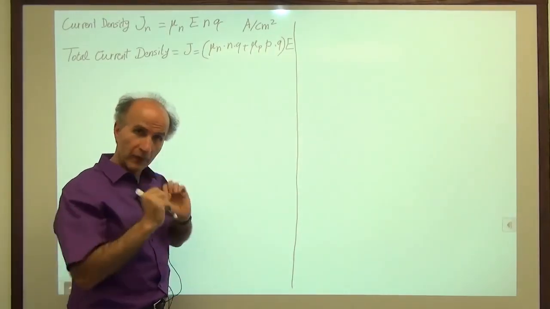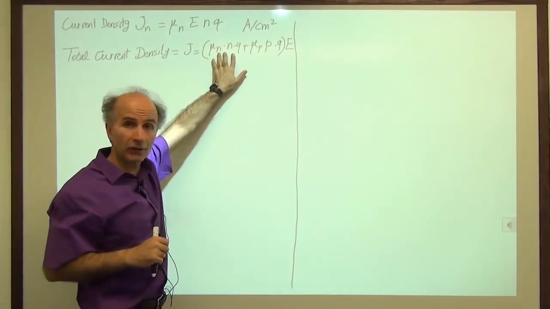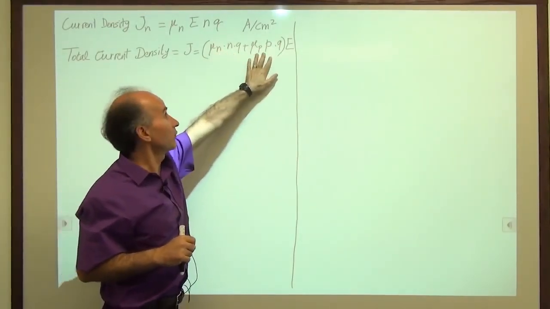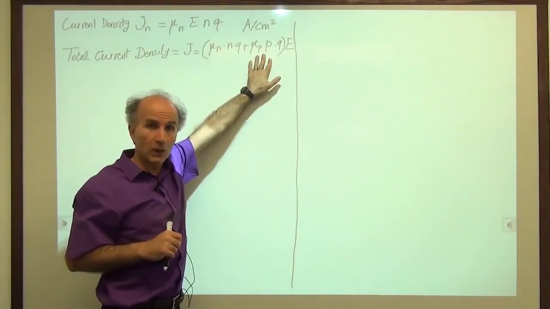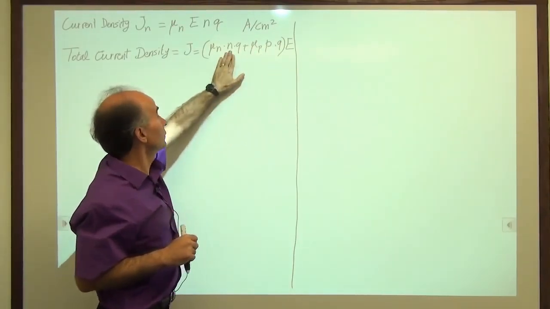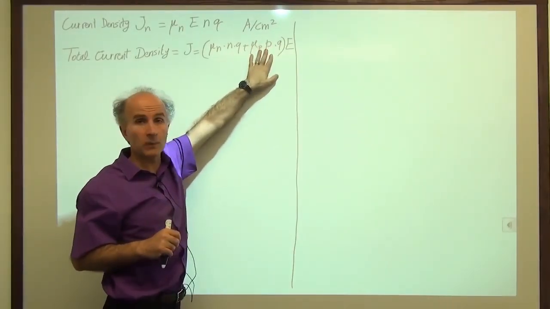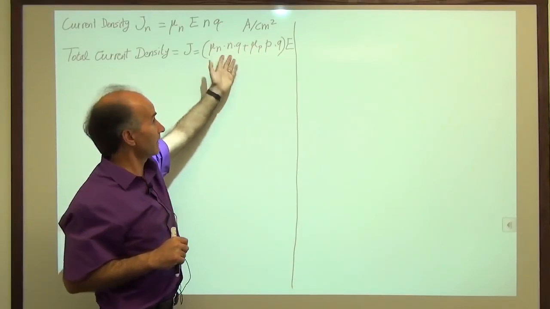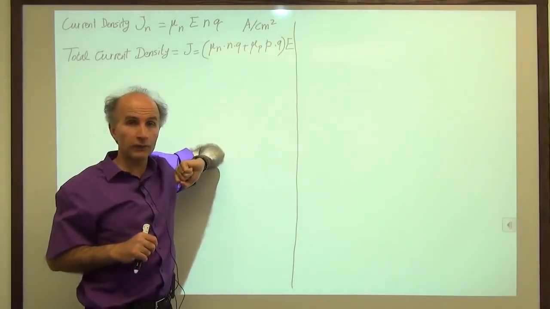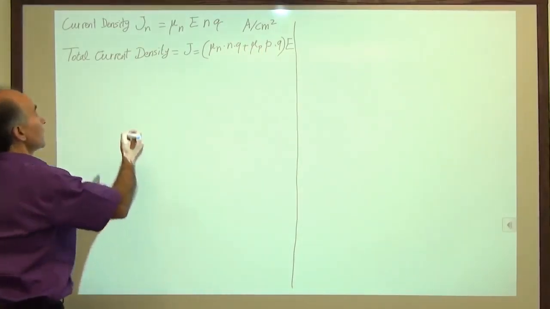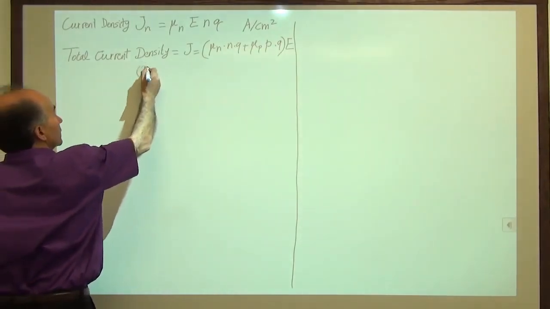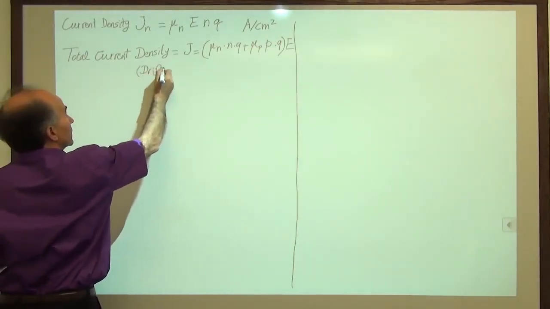That's okay, but whatever it is, that represents the current of electrons, that represents the current of holes. If P is very small compared to N, okay, so you forget this one, or vice versa. But that's the general equation for the drift current. So this is, of course, the drift mechanism.